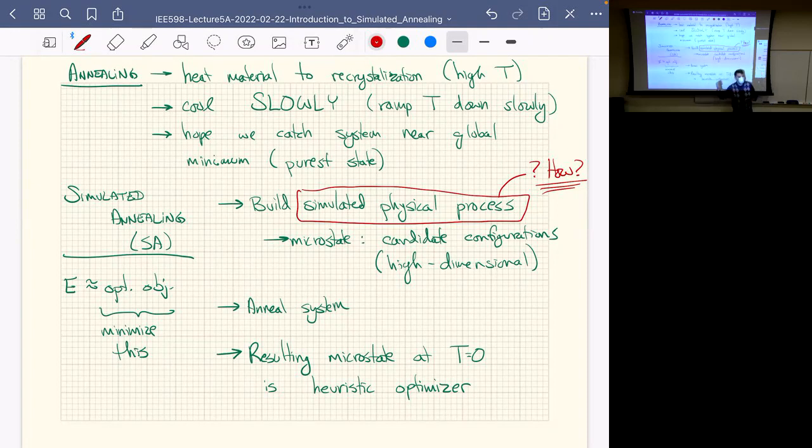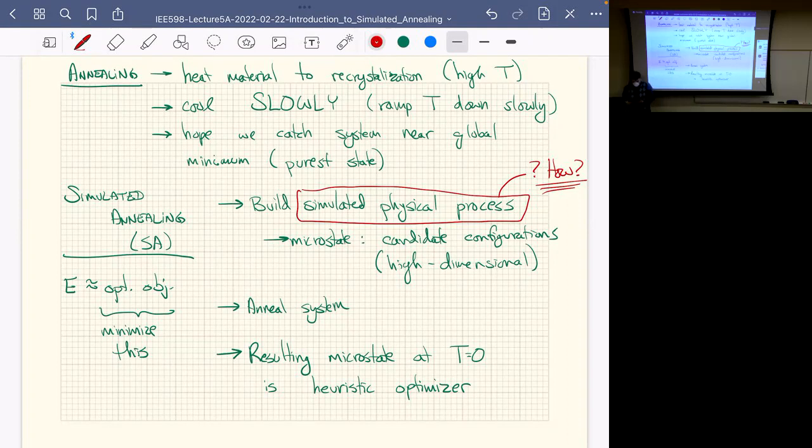And we learned about selection operators and everything. We have to do that, but there's a lot less to do in this particular case. We have to figure out how to build a method that allows the microstates, the candidate solutions, to hop around in a way that is physically realistic. That's what we're going to do next.